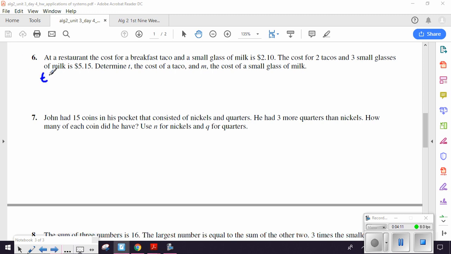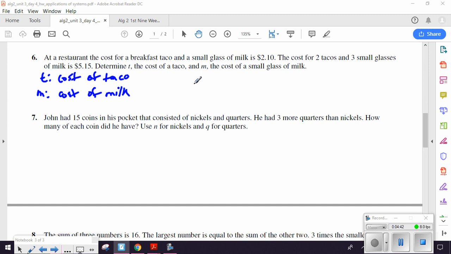So T represents the cost of a taco, and M represents the cost of a glass of milk. So please be very specific when you're assigning your variables so that you don't forget what they're supposed to be representing in this scenario.